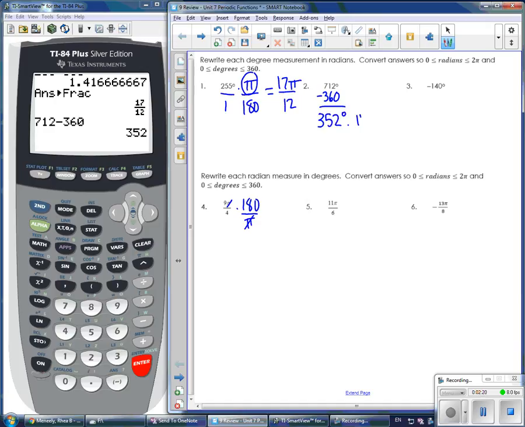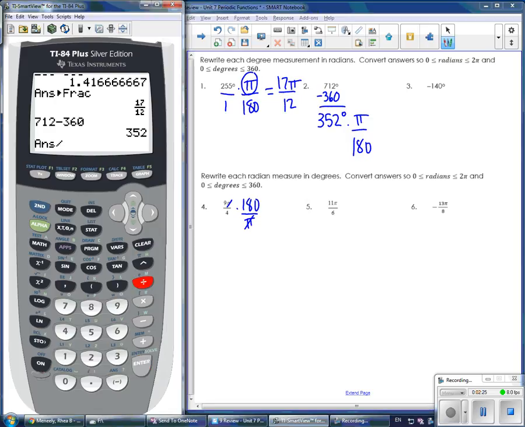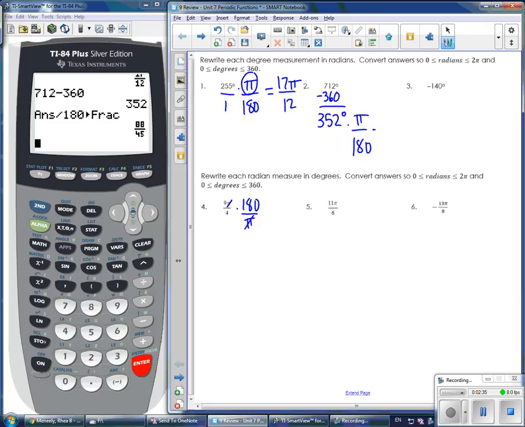If I multiply by pi over 180, I'm basically going to take the 352 and divide it by 180. At this point, you can even go into your math menu and choose the fraction, and it'll give you the entire result as a fraction. That's a strange-looking fraction: we've got 88 over 45, and that's actually going to be 88 pi over 45.